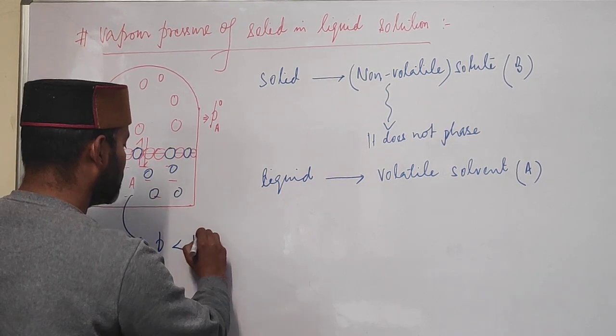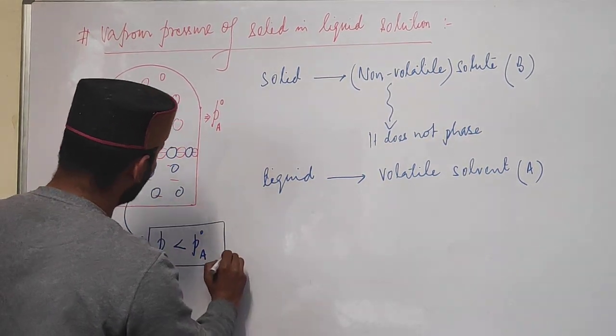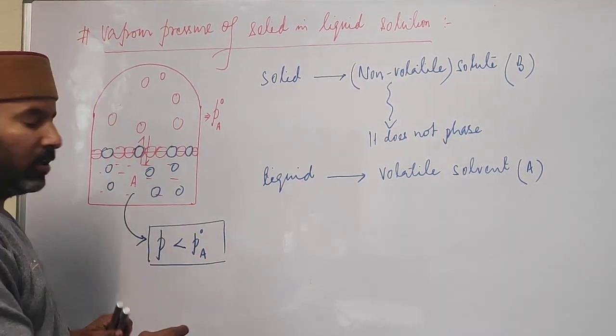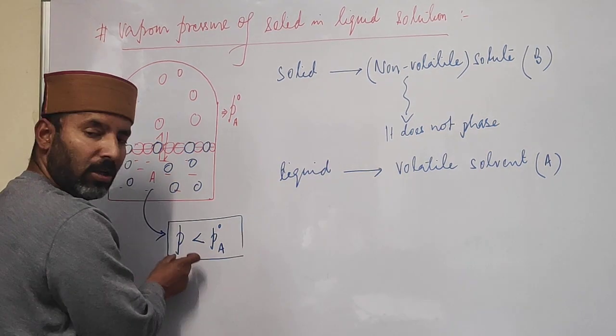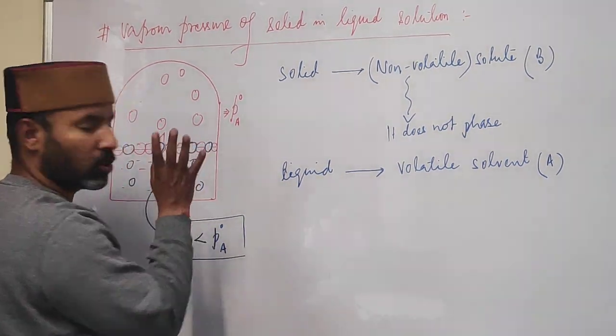So that means एक बात तो बिल्कुल clear है, that when we add a non-volatile solid solute to a volatile liquid solvent, the vapor pressure of the resulting solution will be less than that of pure solvent.